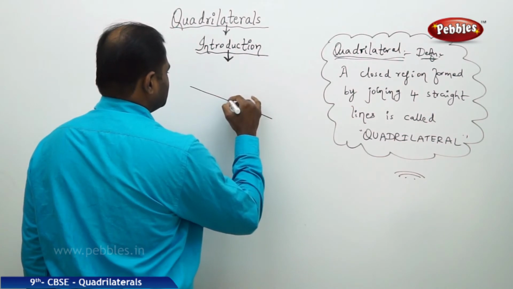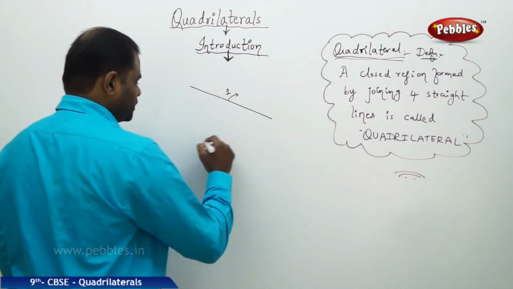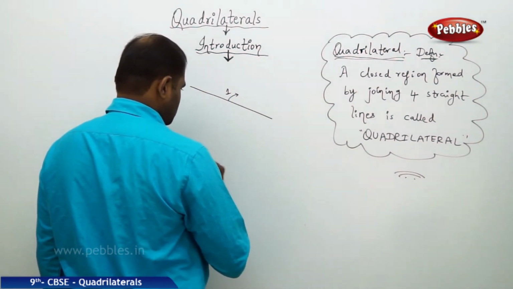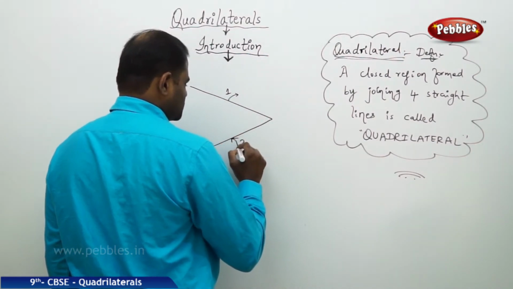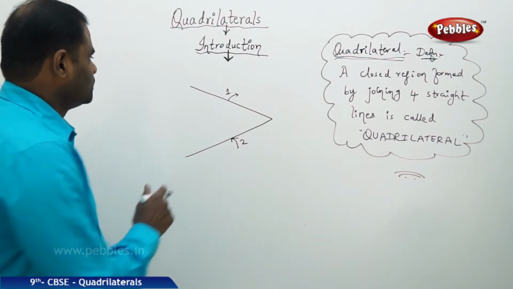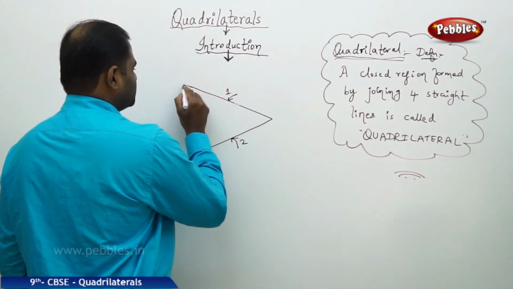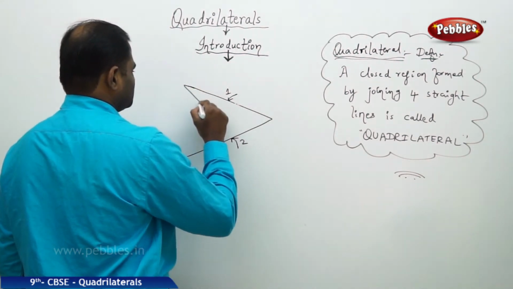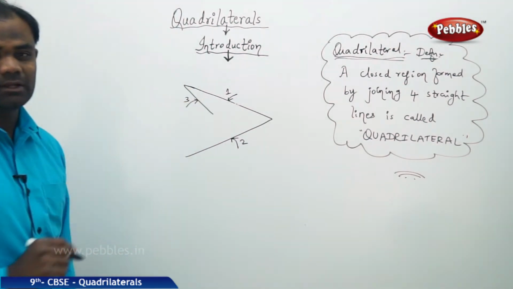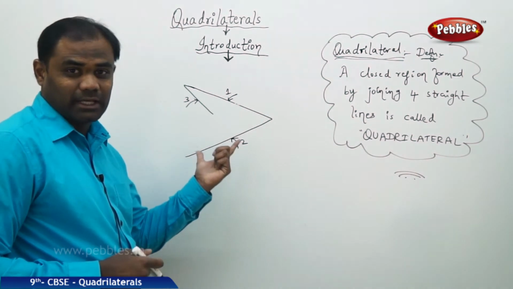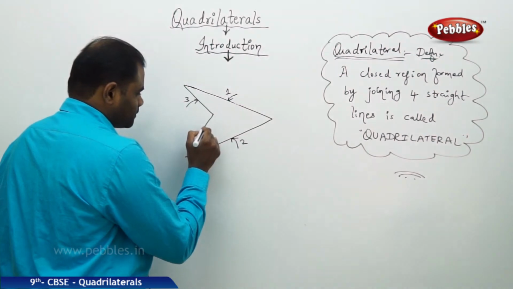Imagine I take line 1 and I take line 2 and put it in this order. This is line 2. Next I have line 3, which is arranged in this manner. Then I have the fourth and last line, arranged from this point to this point.